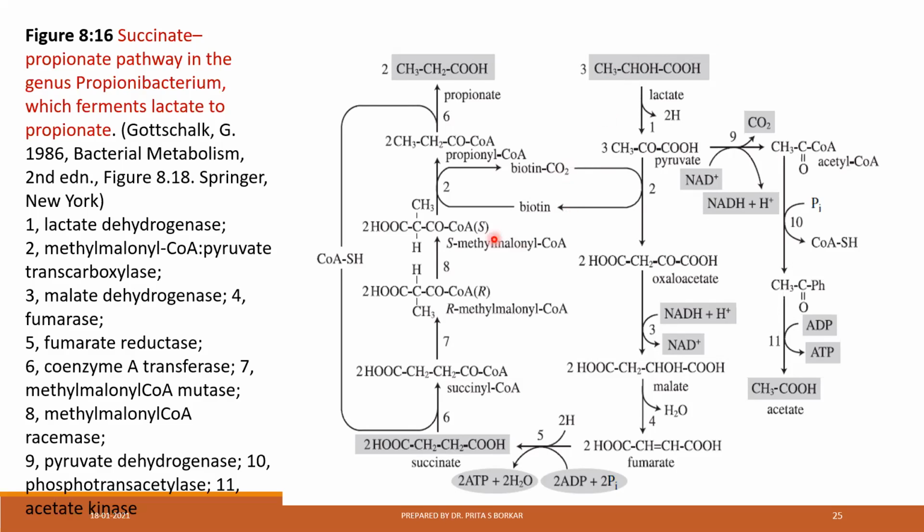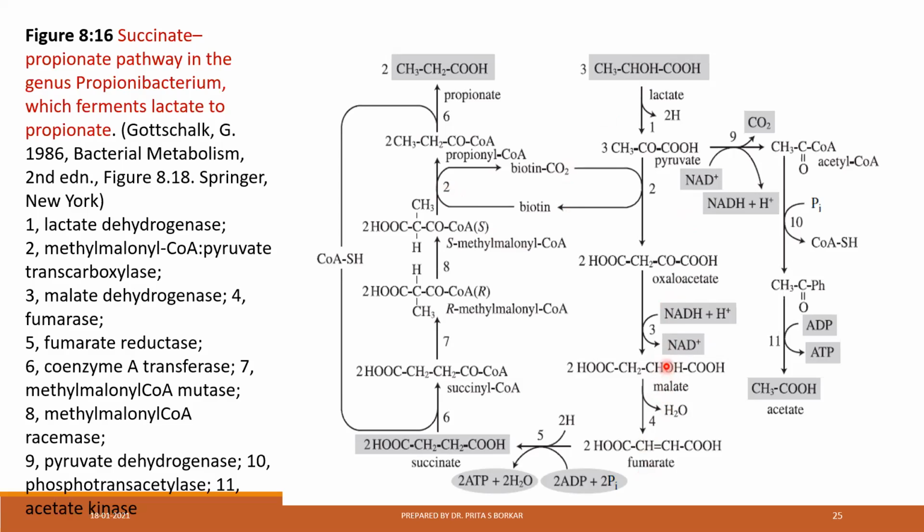So this is the second one. Now from oxaloacetate you will have the formation of malate in presence of malate dehydrogenase, and then from malate you have the fumarate. Okay, in presence of enzyme that is malate dehydrogenase.